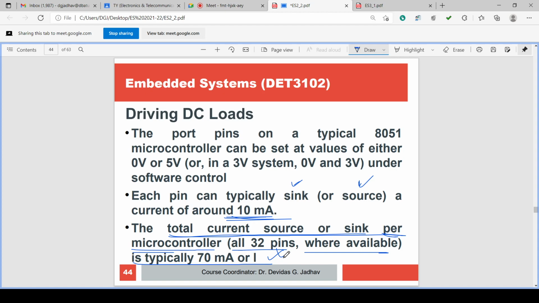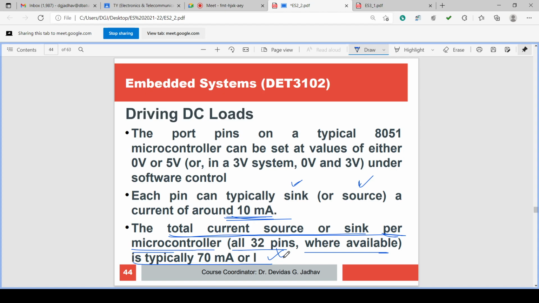Loading means whatever the specified values are for that particular module, for that particular pin, for that particular cross section of the total circuitry. These are called specifications for any particular module.